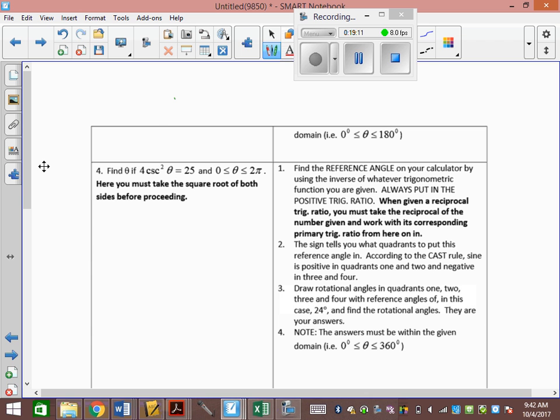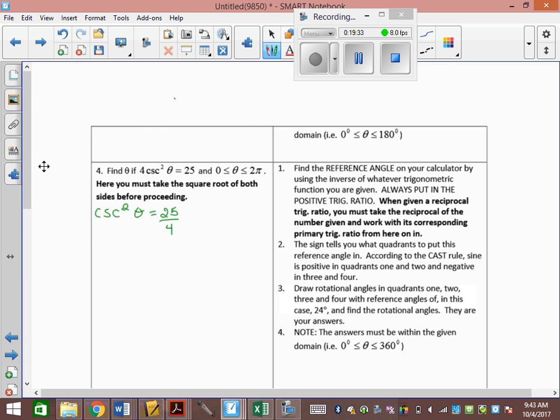What happens when there's a squared? You square root, but we're going to have to do something else first. Divide by 4 first. So we have cosecant squared theta equals 25/4. Then we square root, and this is what everyone forgets. When you square root, what do you have to remember to do? Plus or minus.